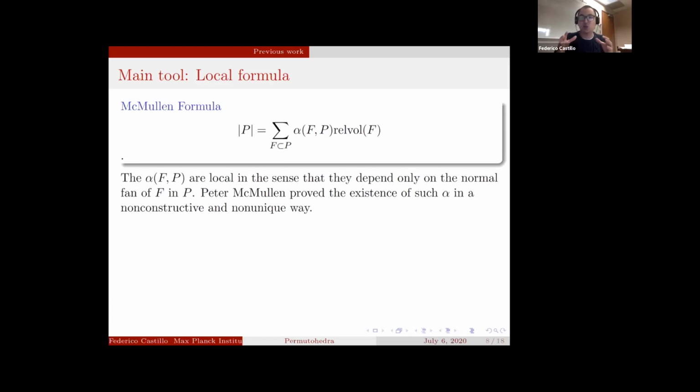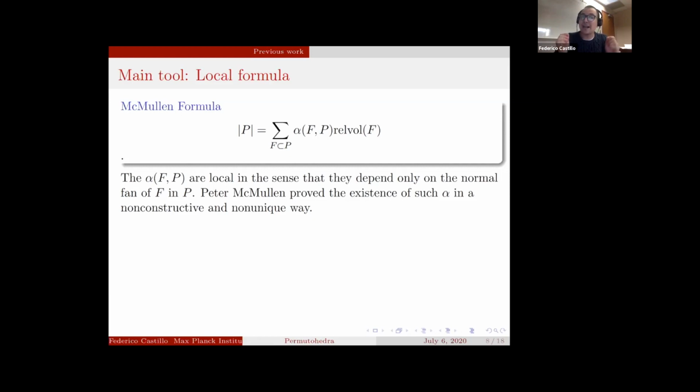So each face is going to contribute its volume, which doesn't need to be an integer, and a certain correction term. And when you add over all faces, you get the number of integer points. So it's a very interesting relation between integer points and the volume of all of the faces.